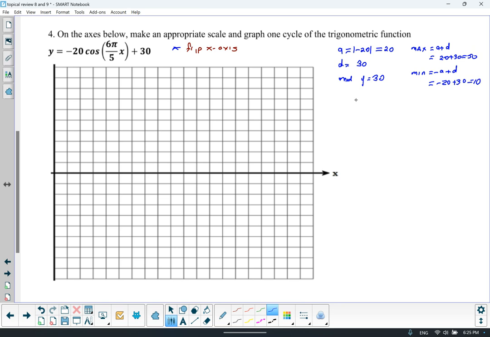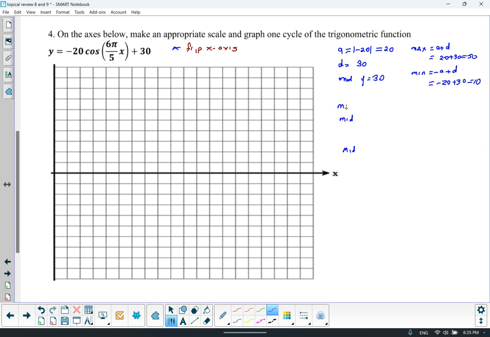So we see that it's a cosine curve. So cosine's pattern is normally max, mid, min, mid, max. But because there's a negative in front, our min and our max switch.